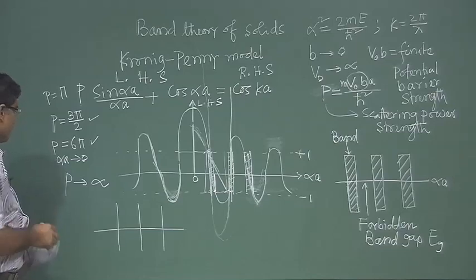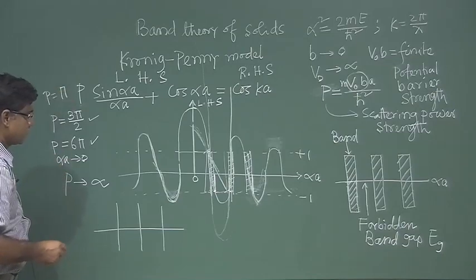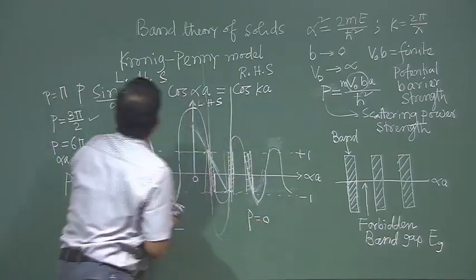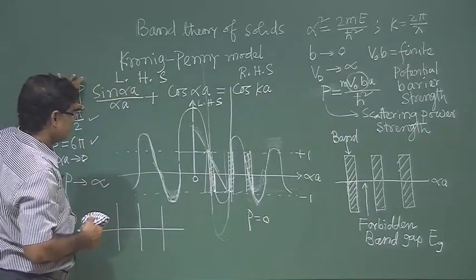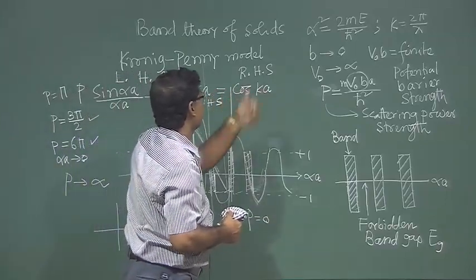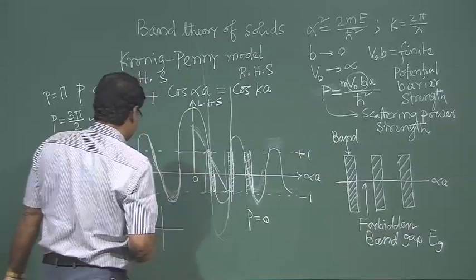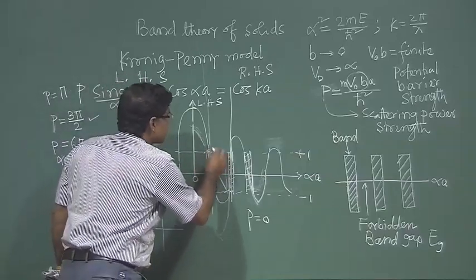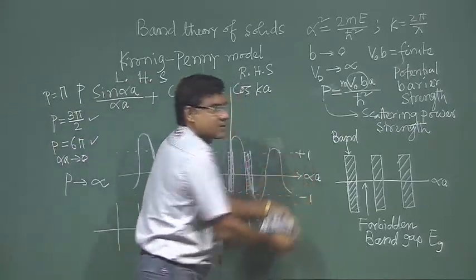Okay. And when p equal to 0, then what is happening? Then cos alpha a equal to cos k a. Okay. So, this variation will be simply a cos function. This function will always be between +1 and -1.